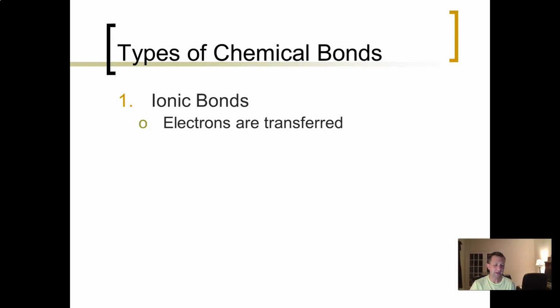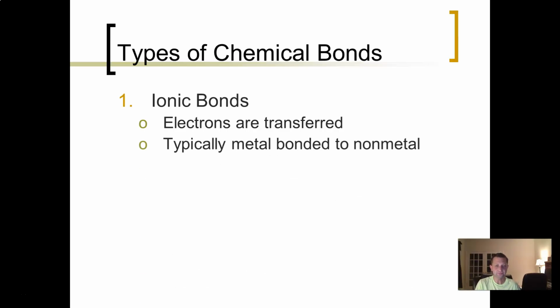That's because one atom has a much higher electronegativity value than another one does. So there's this very unequal want of electrons. One atom tends to kind of rip them off of another atom, and that's how we get those full charges. You typically have this occur when it's a metal bonded to a nonmetal.